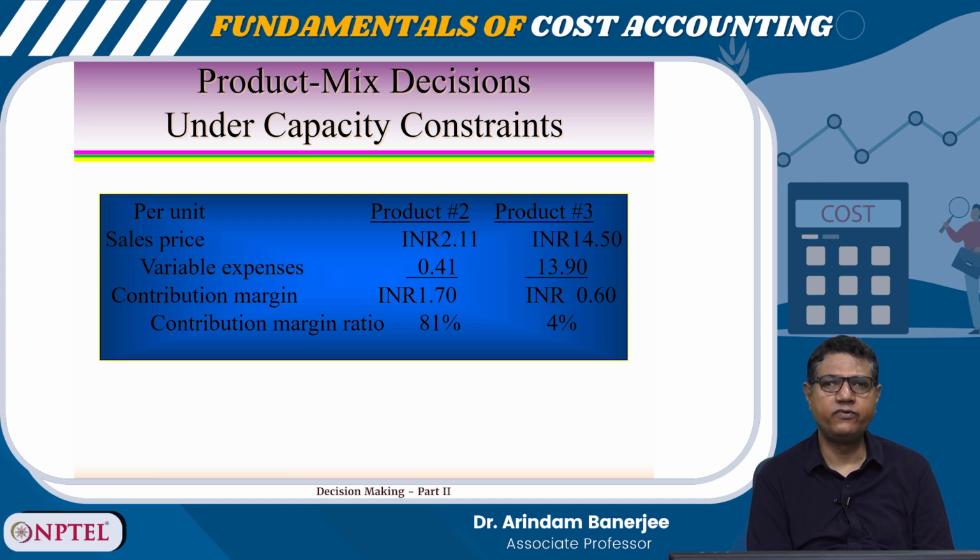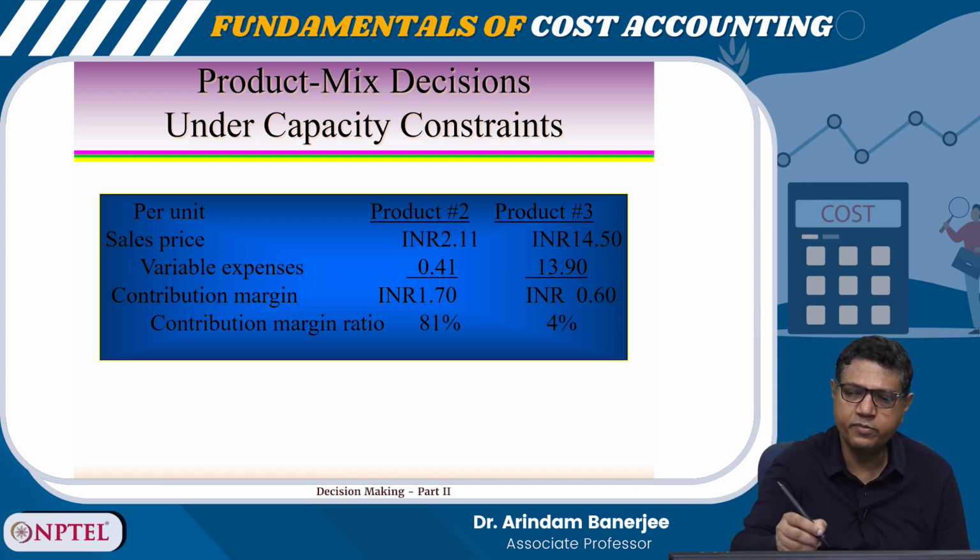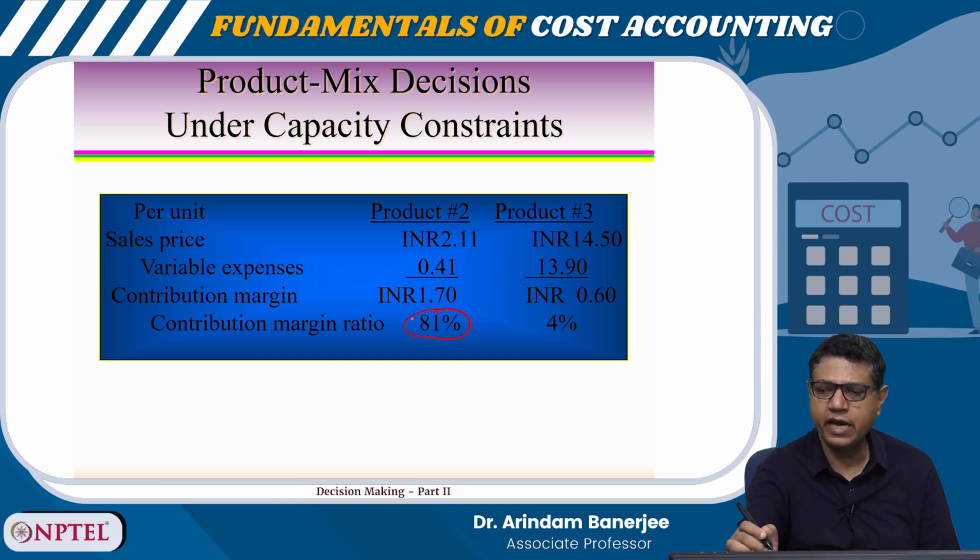So contribution for product 2 is 1.70 and contribution for product 3 is 0.60. And what is the contribution margin ratio? For product 2 it is 81% and for product 3 it is 4%. So from this figure it is clear which one should be preferable. We should prefer product 2, because the contribution margin is very high compared to product 3.